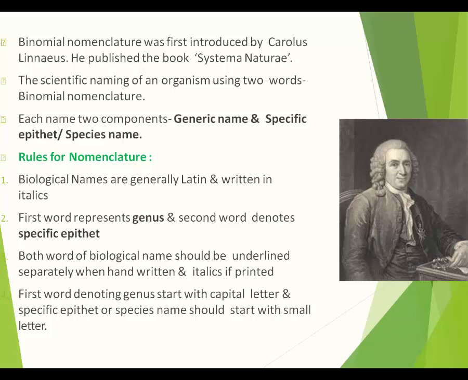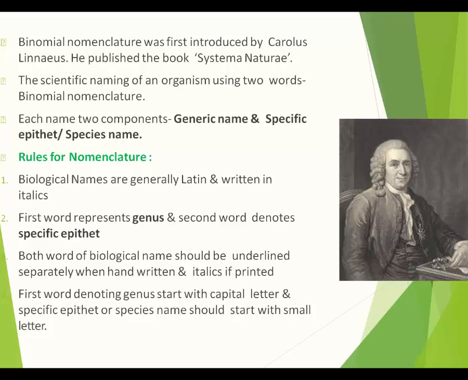According to his rules, biological names should be written in Latin, that means Latin language words should be used. When you are writing the names, they should be written in italics, that means your letters should be inclined to the left side. But normally when we are writing in the copy or on paper, we always incline in some other direction.